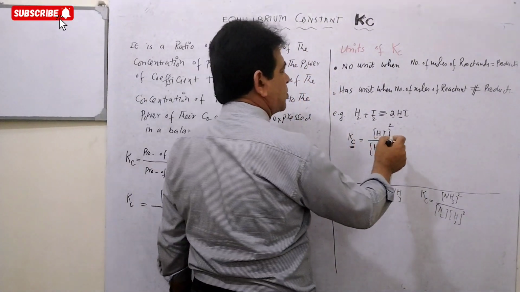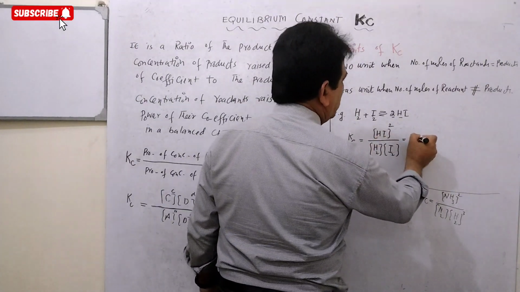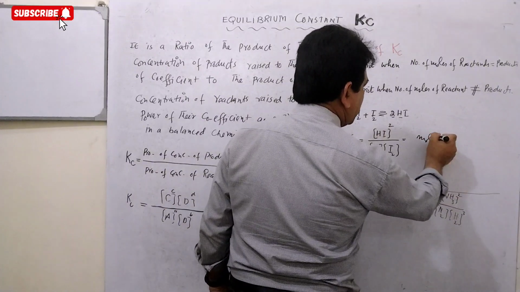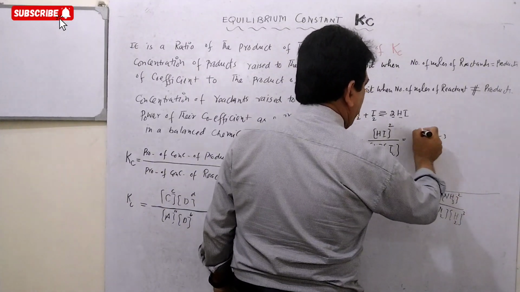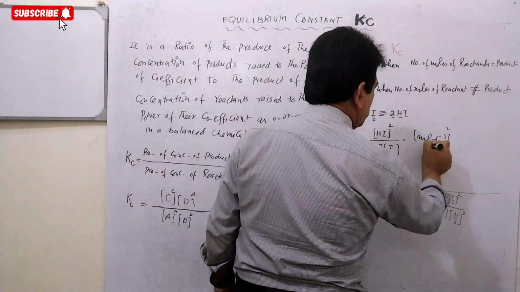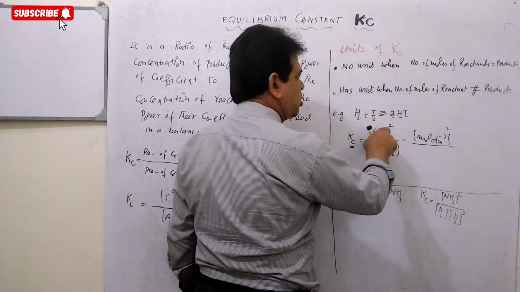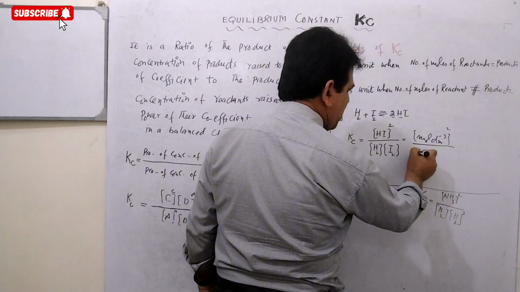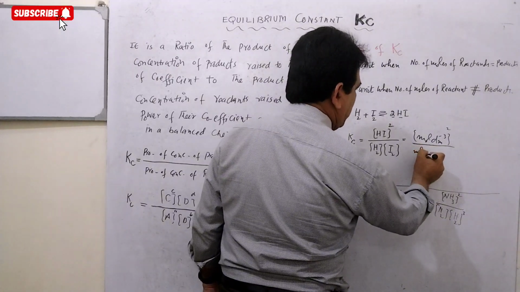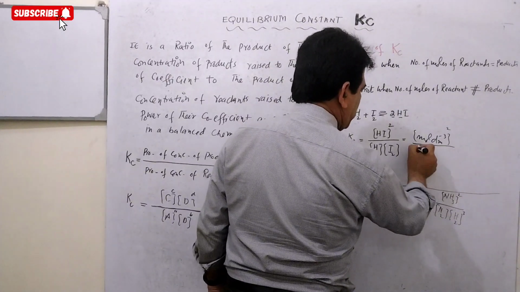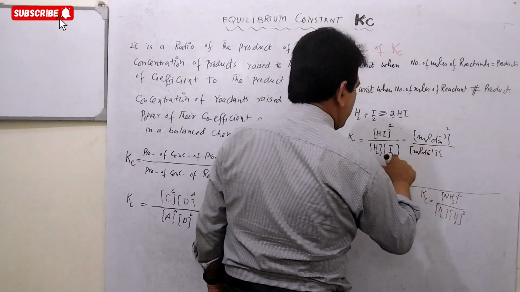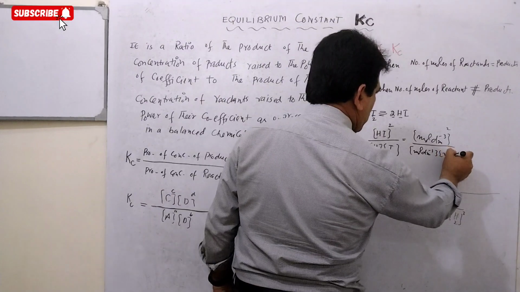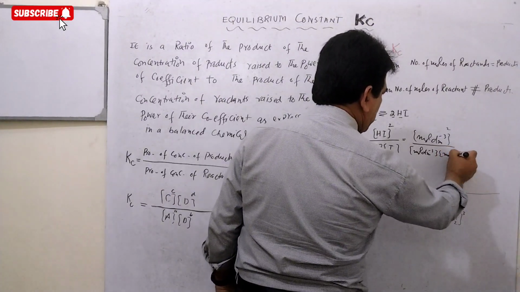As we know, hydrogen iodide molar concentration will be expressed in moles per decimeter cube raised to the power of 2, divided by H2, and its unit will be mole per decimeter cube, and similarly I2 will also have a unit of mole per decimeter cube.